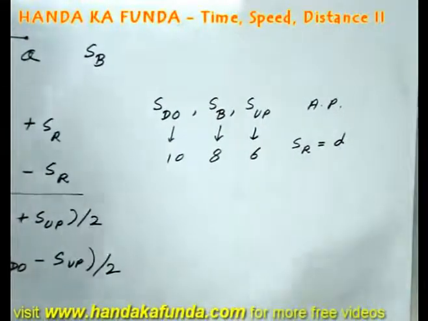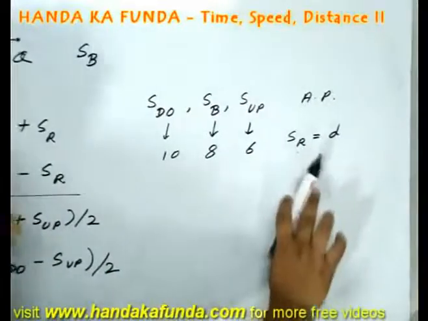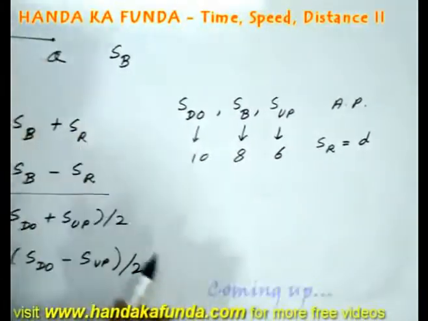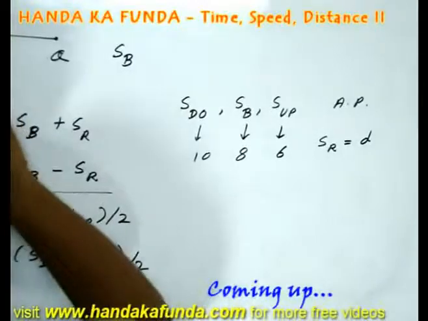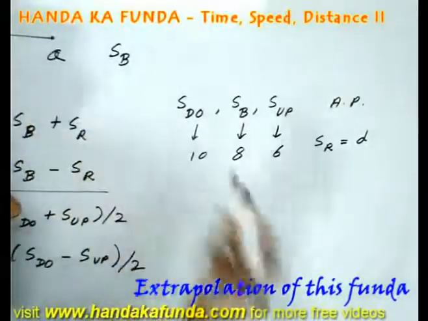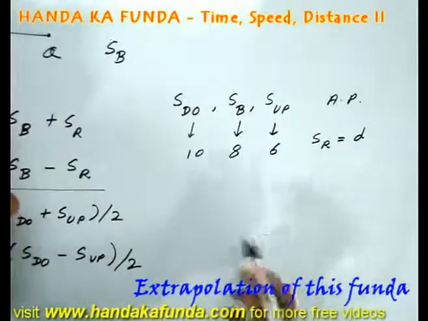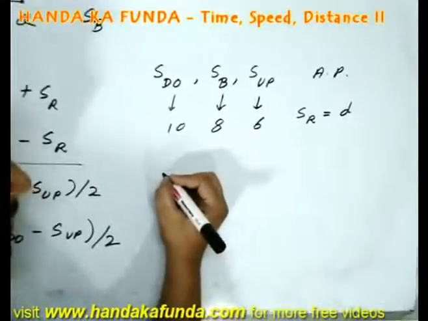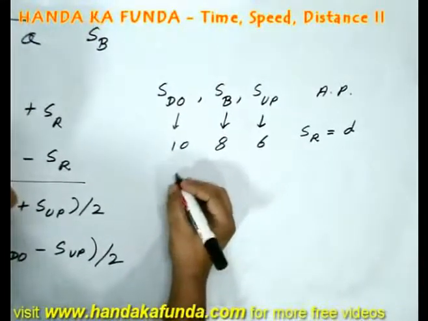This tells us one more thing, that if these speeds are in an AP, the distance from P to Q is constant. And suppose you are going from P to Q, once downstream, once upstream, then the times taken are going to be in a harmonic progression.